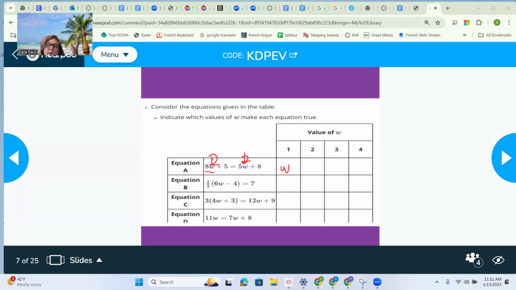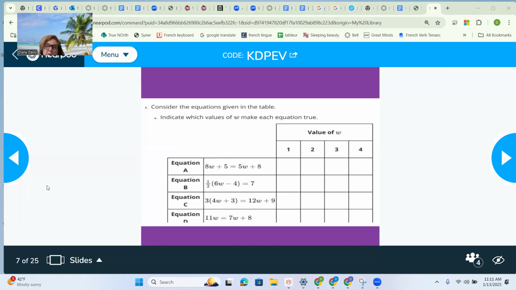What if I put a 3 in there? 3 times 8 is 24 plus 5, that's 29. And then 3 times 5 is 15 plus 8, that's 23. So no, it can't be 2 or 3. What about 4?